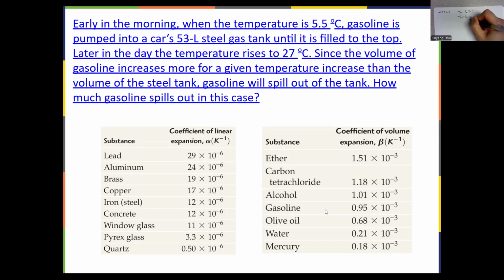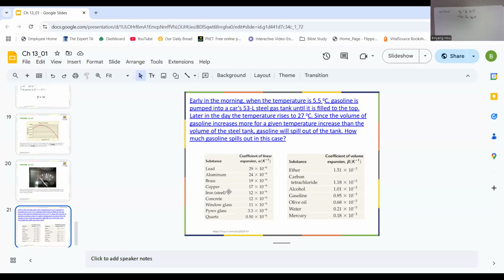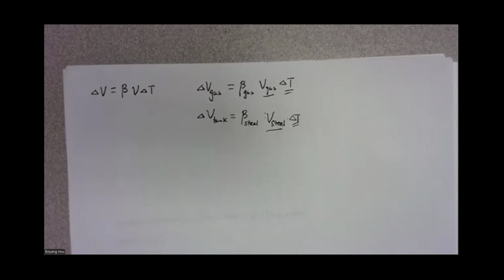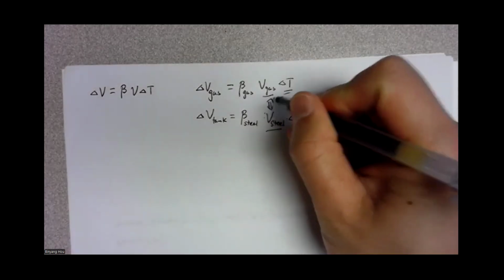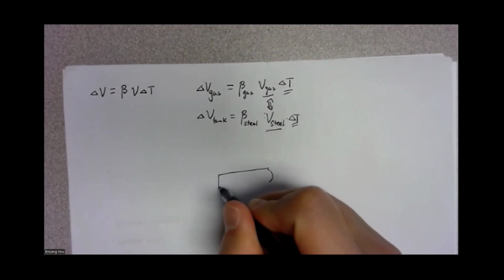Original volume of gas and tank should be the same. Let me just stop sharing so then you have a better view on my work. So these two are the same. So imagine if there's a gas tank, right?